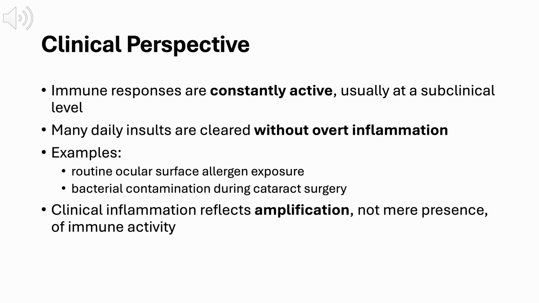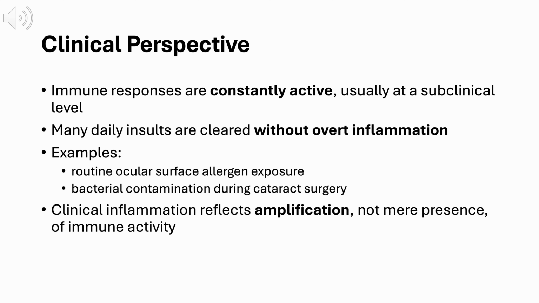From a clinical perspective, immune activity is occurring continuously, usually at a level that produces no visible inflammation. The eye encounters routine insults every day, including allergens at the ocular surface and occasional microbial contamination, yet most are cleared without symptoms or tissue injury.